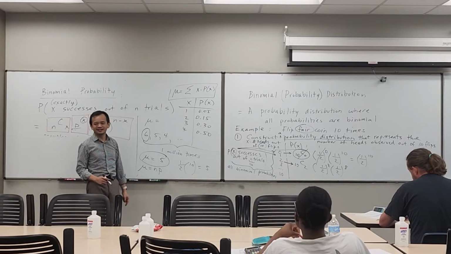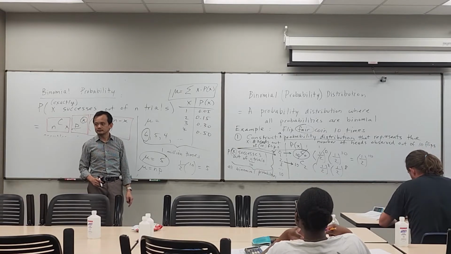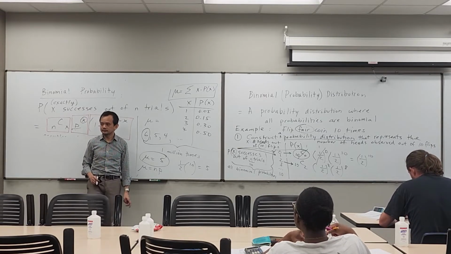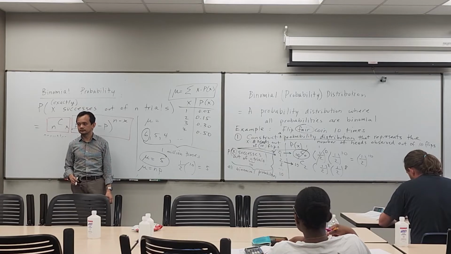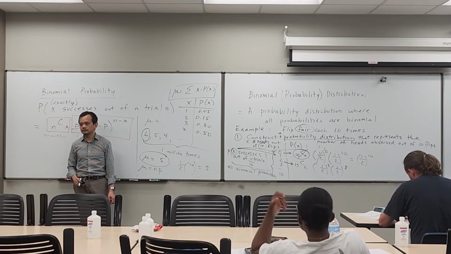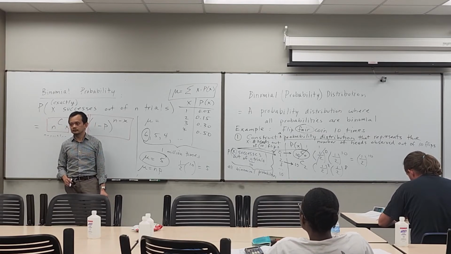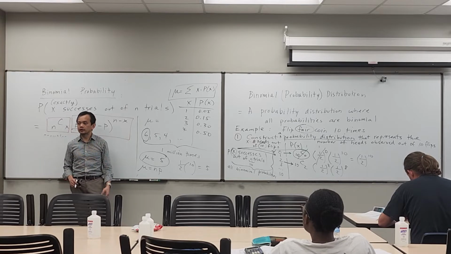Any questions? Yeah. So here, this fair coin, the probability is the same all the way down for both success and non-success. It's 50%. What if we're dealing with a situation in which that probability is not the same all the way through for both success and non-success? Okay, so good question.